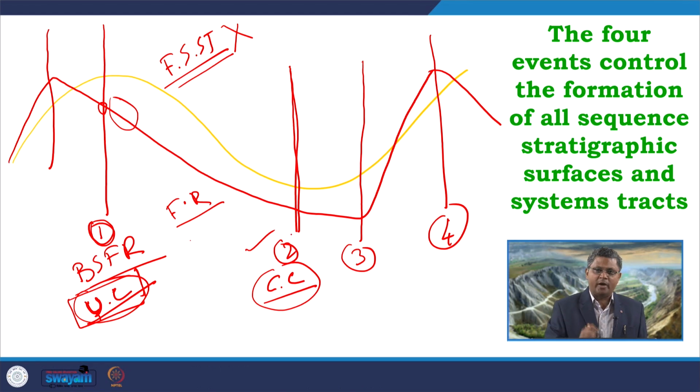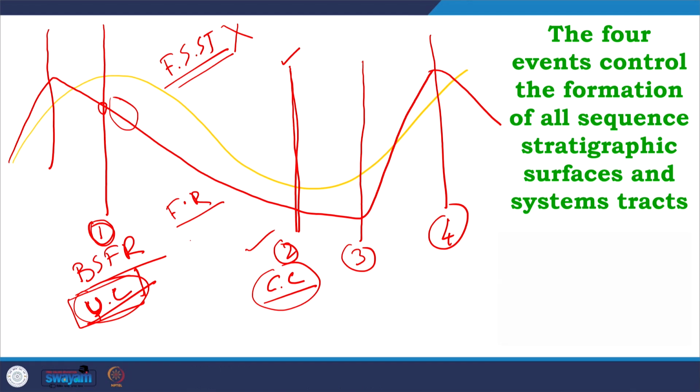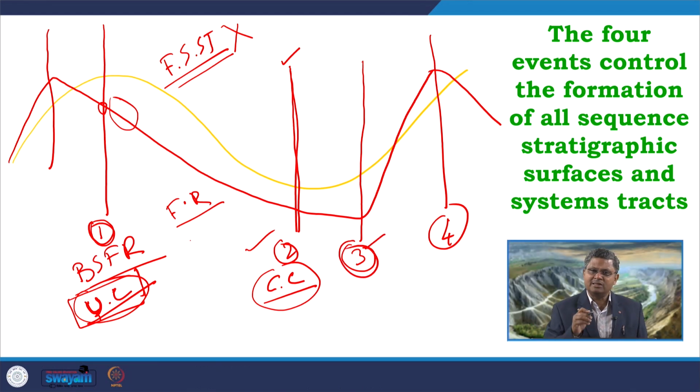At this particular point, when the forced regression has ended and a normal regression is starting, the regression is still going on. So, that regression will continue up to this boundary 3, and this boundary 3 is the turnaround point in terms of the T-R curve where we get the start of the transgression.